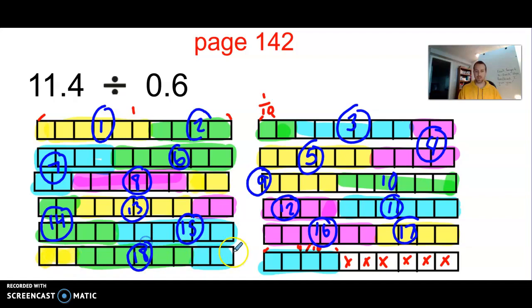Here's 18, and we have 19. These two together make 19 groups. We'd have 19 groups. Okay, so 11 and 4/10 divided by 6/10 is going to give us 19.